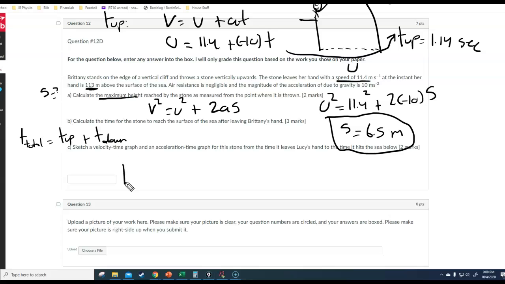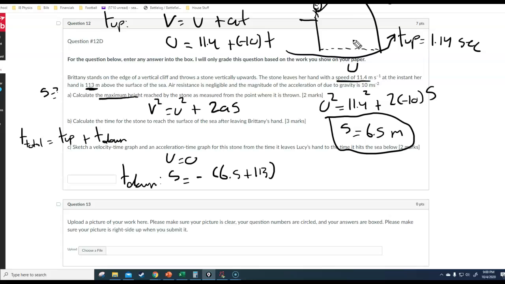Now, what about t down? Well, at the highest point, the object starts to fall down from rest, meaning the initial velocity is 0. The time is unknown. We have the acceleration, and the displacement is now going to be negative, and it's going to be negative 6.5 plus 113, because now we have to take into account that it falls all the way down.